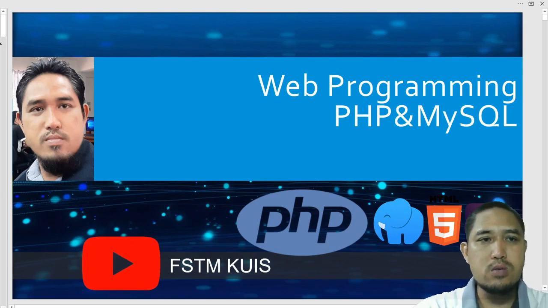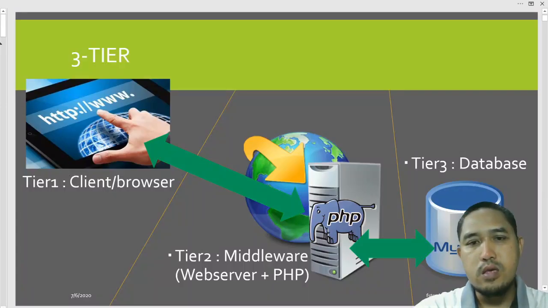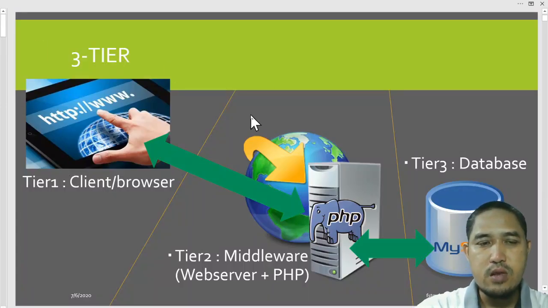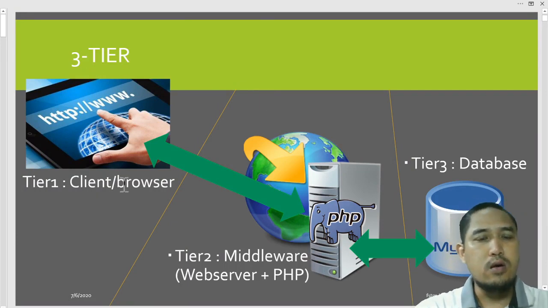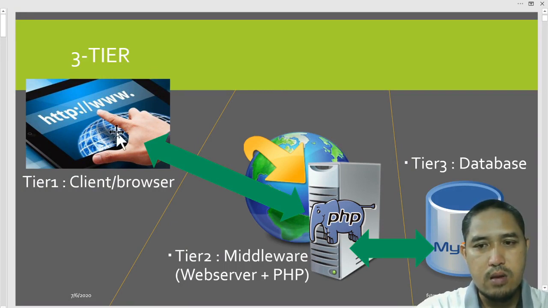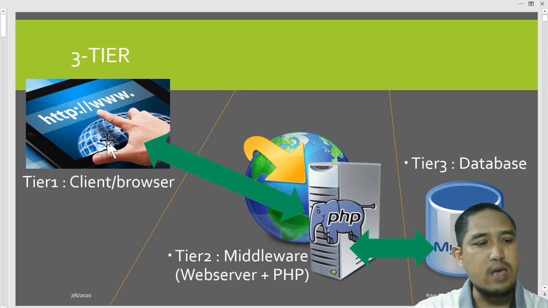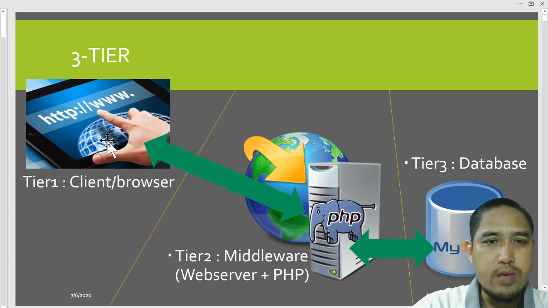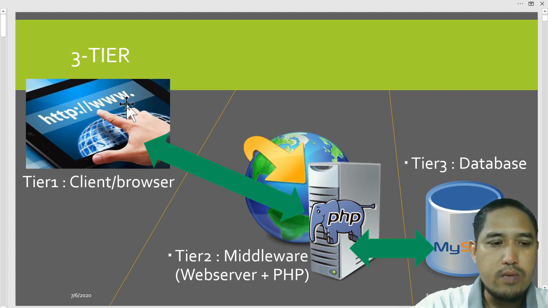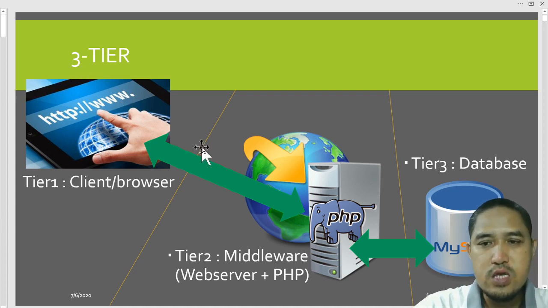So in this class, what we are going to explore is this three-tier application, which comprises the first tier, which is the client or the browser, whereas this is the interface. When you are developing an application, or maybe a web application, the most basic component of your infrastructure is this three-tier, or three-layer, facility.